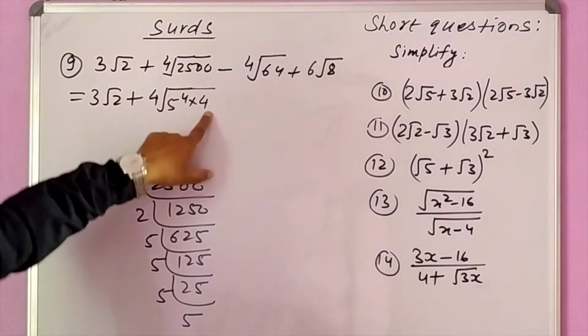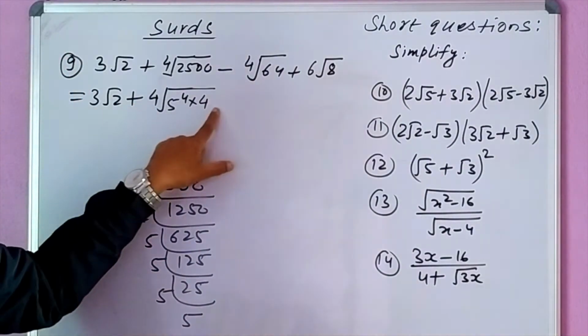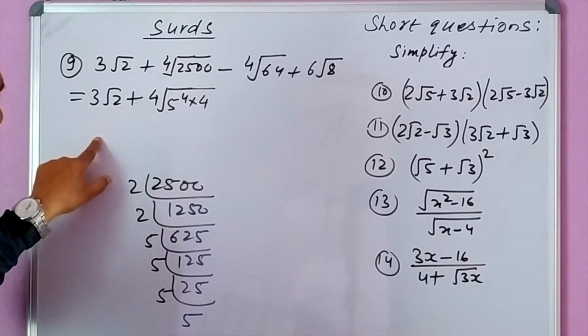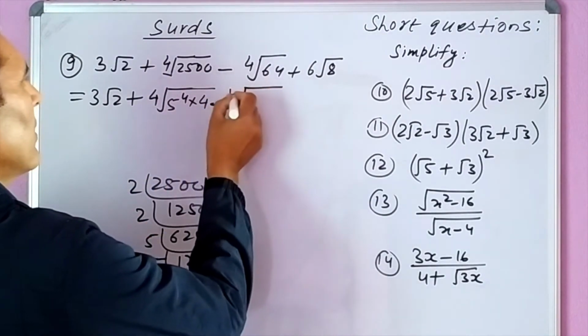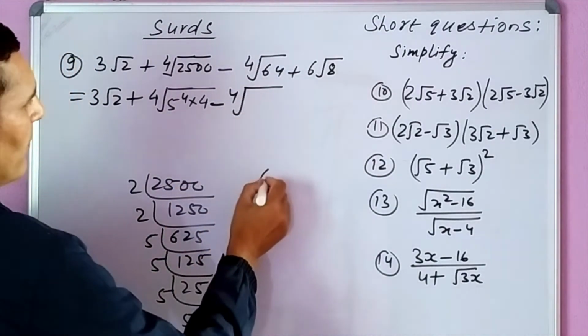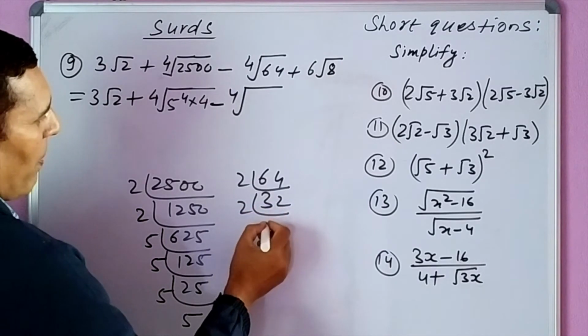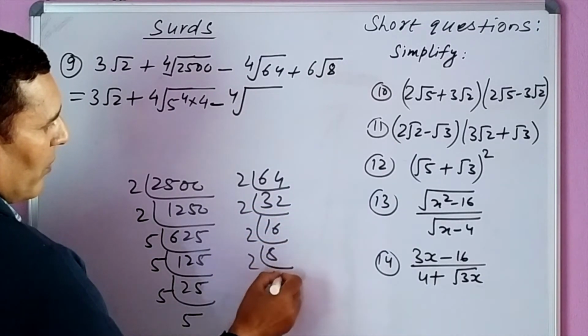Either you write 2 squared or 4, it is the same thing. Unless having the power 4 of any value in the radicand, we cannot take it out. And similarly this one, 64. 64 also 2, 32, 2, 16, 2, 8, 2, 4, 2, 2.